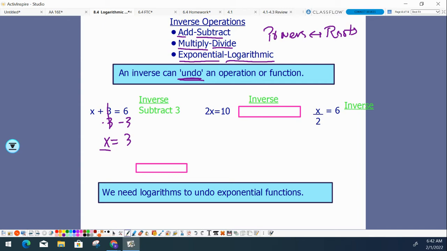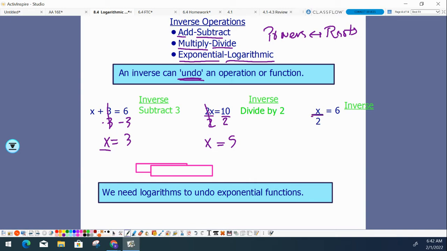When we see multiplication, 2 times x, we know we need to divide because division undoes multiplication. Whatever we do to one side, we have to do to the other. X is 5. We know the inverse is divide by 2. For some reason, this one always gets people.